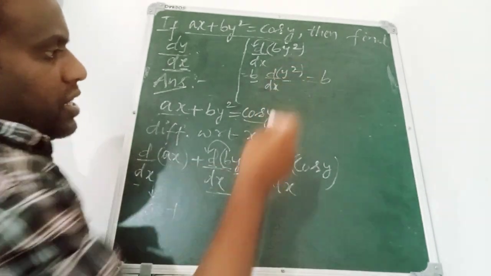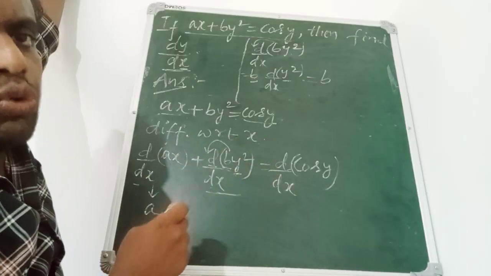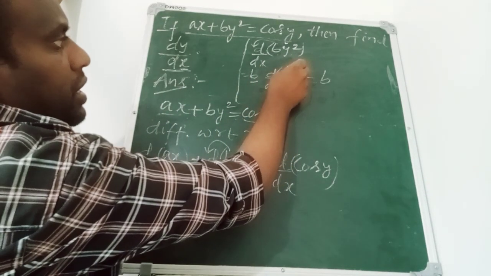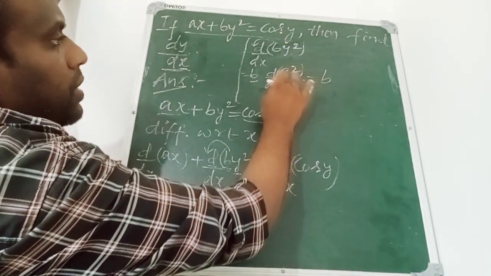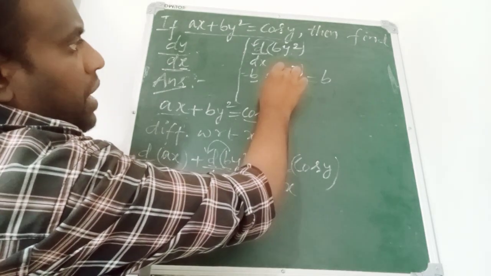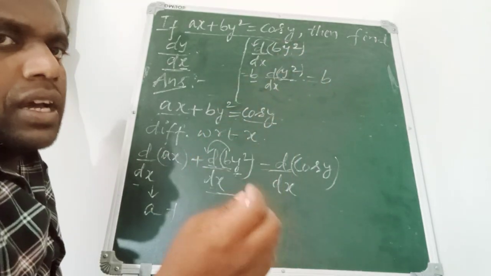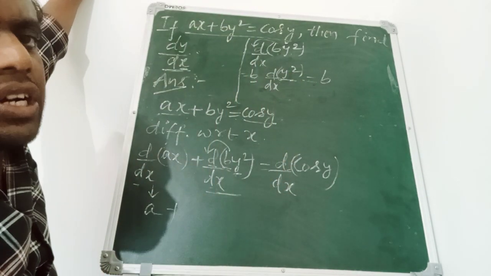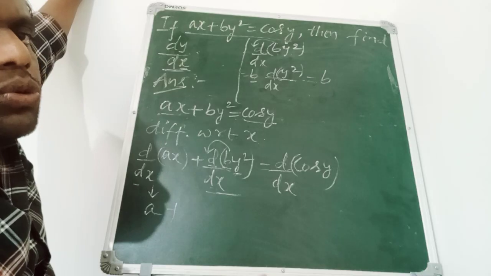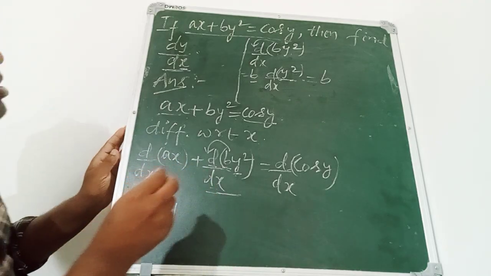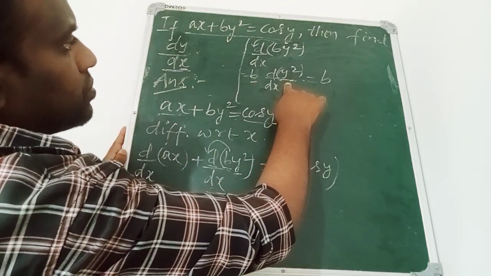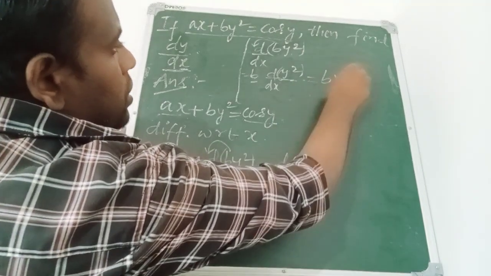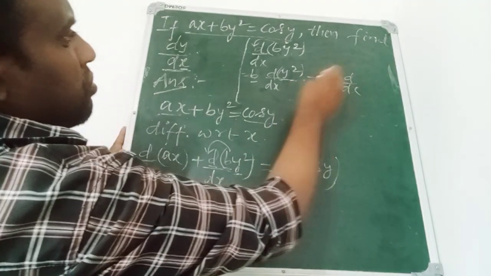Next consider y square. There are two functions. One is y square, another function is y. You got it right? One function is the entire thing, y square. Another function is y. When there are two functions, we have to use the chain rule to differentiate.